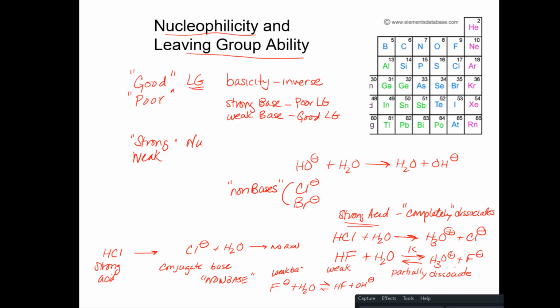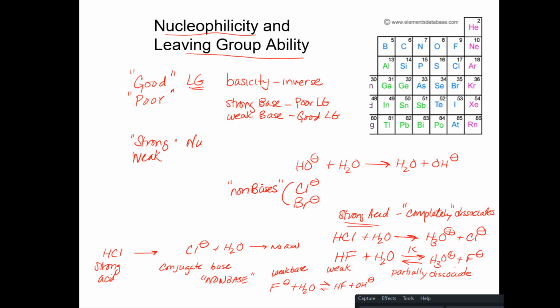And this violates all English, right? What's the opposite of strong? Non. What's the opposite of weak? Weak. So it doesn't match up with English, but it matches up more with the reality of acids and bases. So I consider chloride, bromide, iodide to be non-bases.